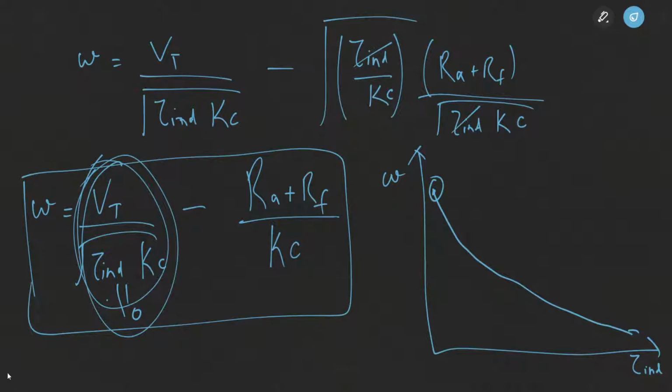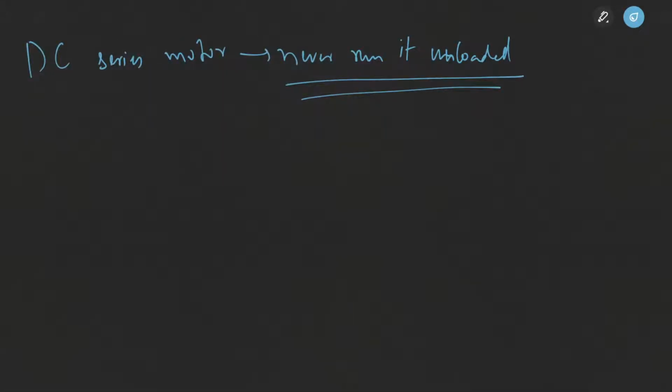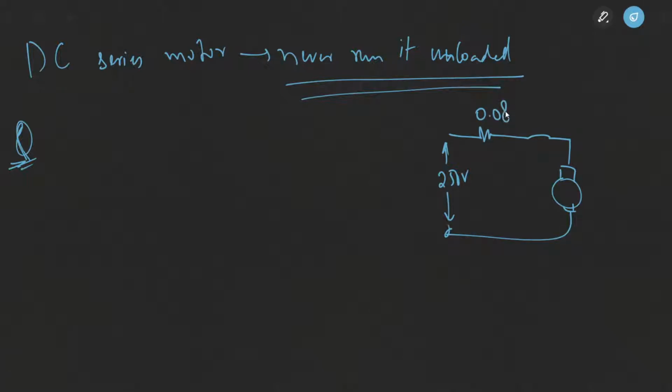So this is the speed torque characteristics. Now moving on, let's do a numerical on this. We have been given a 250 volt DC series motor, whose combined RA plus RF is equal to 0.08 ohms.